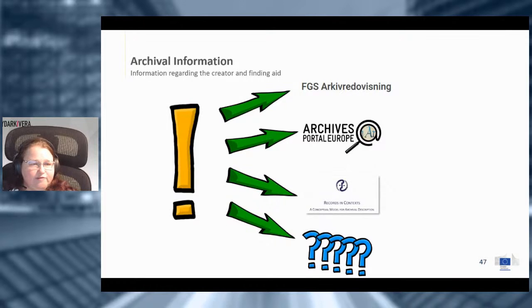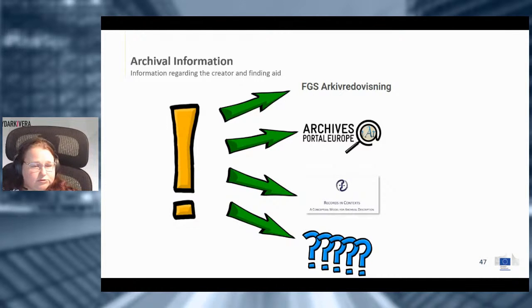But if you don't have anything, a good one to look at is the profiles for how you create a finding aid, a description of the creator, and a description of the archival institution within Archives Portal Europe. That also gives you the advantage of being able to transfer information to Europeana. So a good, easy way.